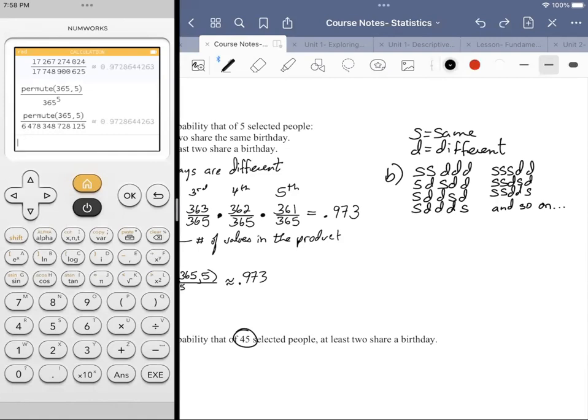All right. So if there are at least 2 birthdays that are the same, we can interpret that as the same thing as saying they're not all different.